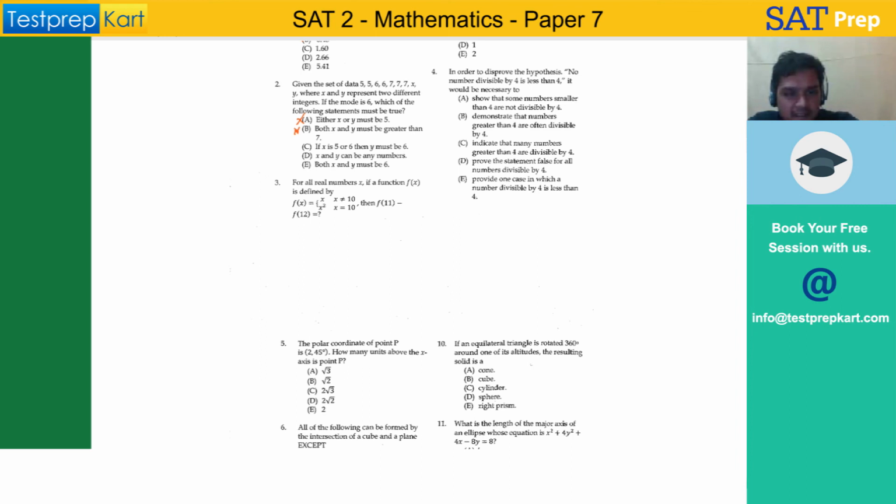If x is 6 and y is 6, then the mode would be 6. So for this condition, x and y must be any number? No, this is not correct. Okay, C and E: both x and y must be 6. This is the most accurate, even more accurate than C. So E is the last choice where x and y both are 6, then 6 would be the mode.